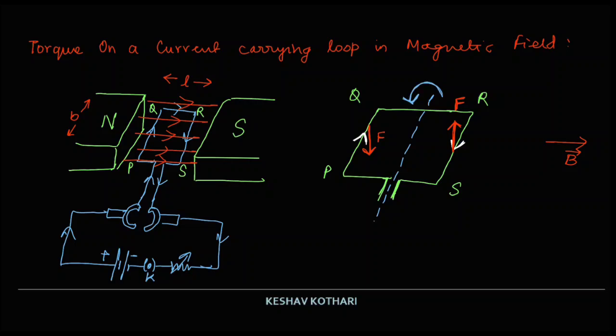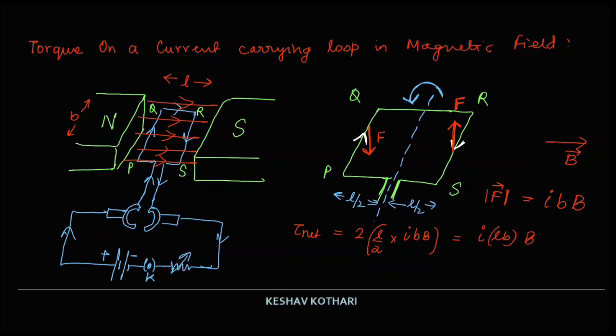If I consider that this length is L by 2 and this length is L by 2, the first thing which I can write is that the magnitude of each force F that is going to act on length PQ and RS is going to be equal to I length B magnetic field capital B. So the value of force is attained as IBB, and hence the net torque is going to be L by 2 into force F, which is IBB, times 2, and we attain a value equal to ILB into B.